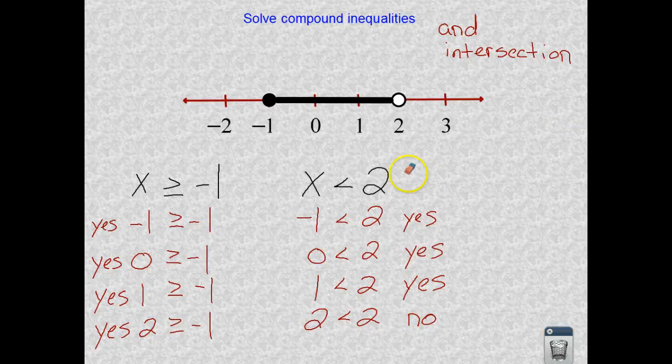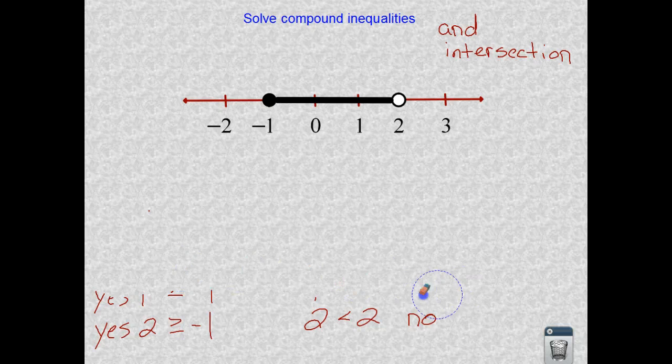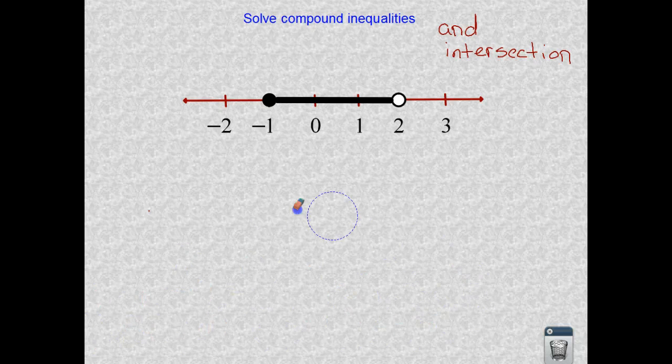Let's erase all this here. All right, who are we talking about? We're talking about x. What do we know about x? I take the smallest number, -1, and the larger number in question, which is 2, and I think about those symbols that we talked about.